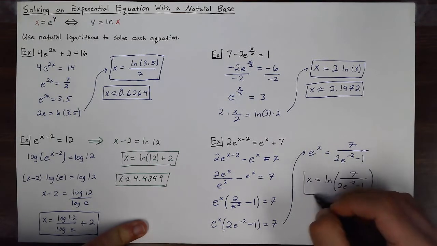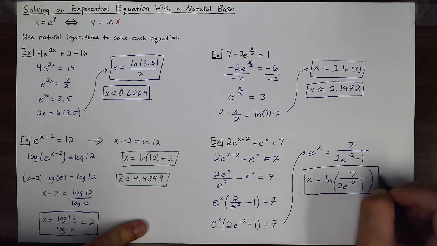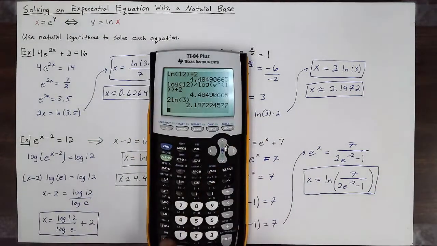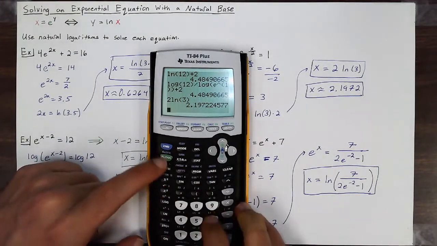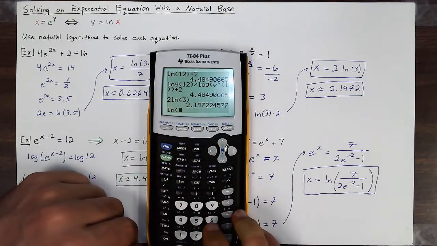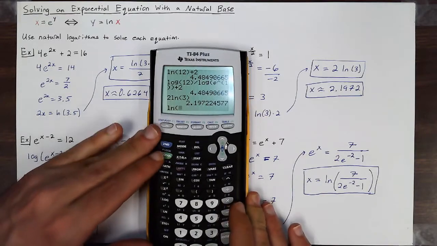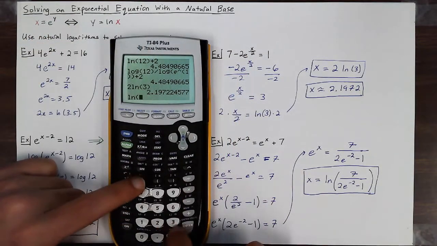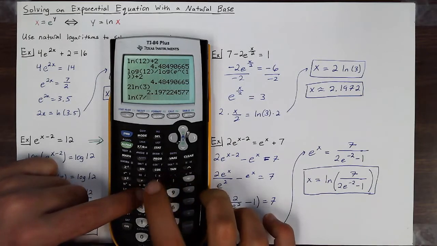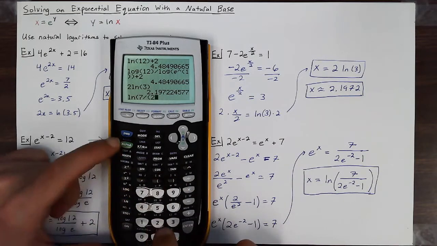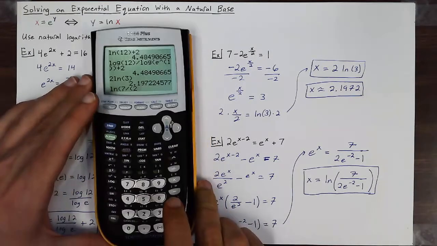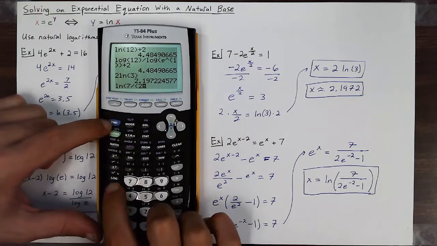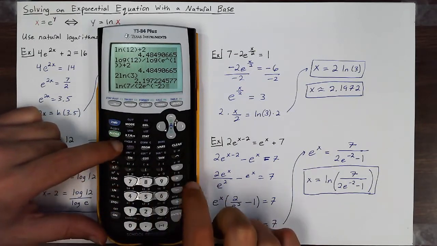Now that is the exact answer, but I certainly have no clue what that's approximately equal to, so I'm just going to plug it in and find out. So we'll have the natural log of 7 divided by 2e to the negative 2 minus 1.